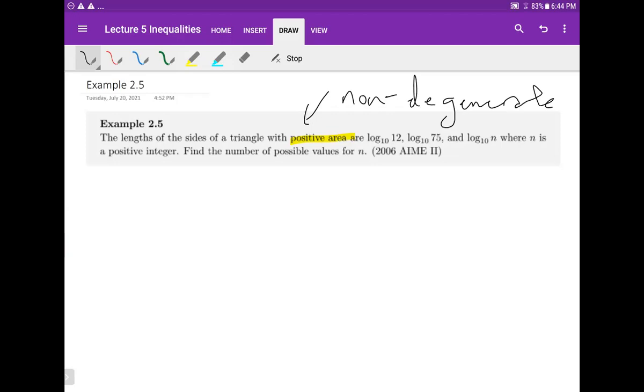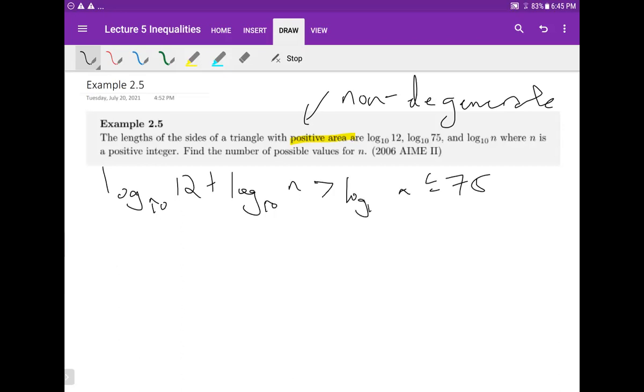So we just apply the triangle inequality. Clearly the longest side of this triangle is going to be either log base 10 of 75 or log base 10 of n, if n is greater than 75. Right, so first we have the log base 10 of 12. Let's consider the first case that n is less than or equal to 75. So first we have log base 10 of 12 plus log base 10 of n is greater than log base 10 of 75.